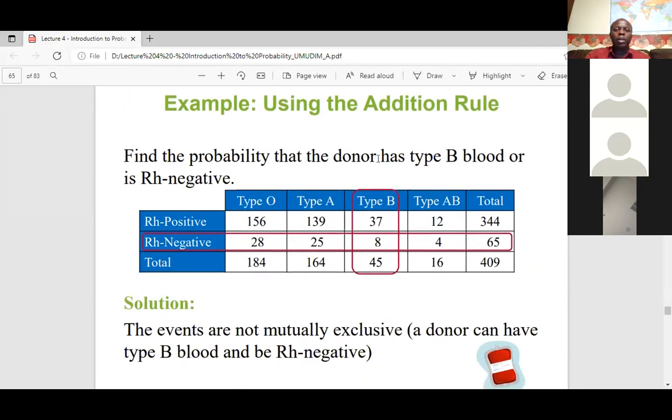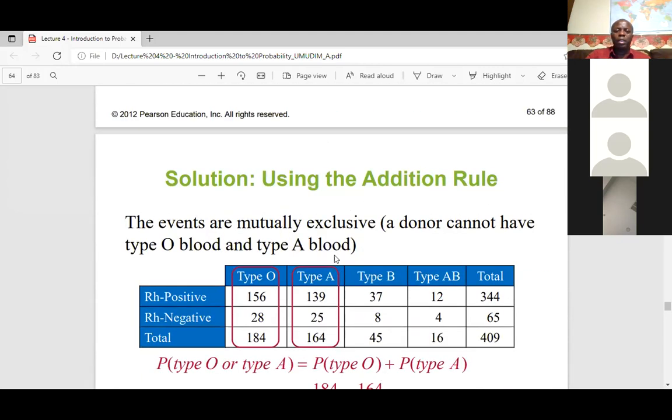Now, suppose we ask this question. Find the probability that the donor has type B blood or is RH negative. We draw the line. Look at type B blood. Look at RH negative. You can see that they intersect here. This person at this intersection has type B and is also RH negative. So this one is not mutually exclusive. The other one we did, they did not intersect. This one is type A, this one is type O. So O or A, they cannot occur at the same time.